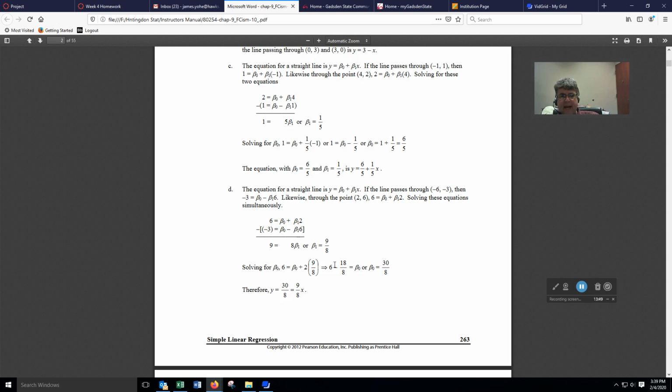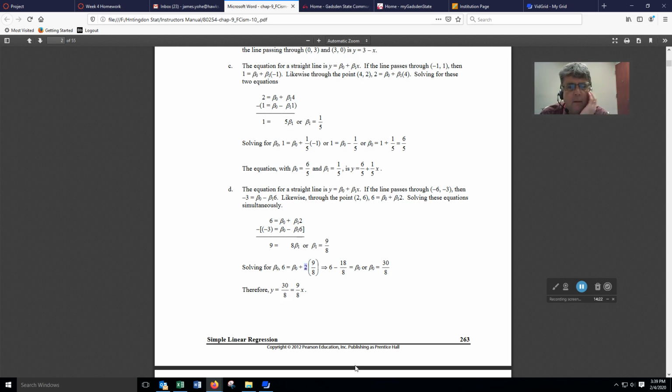So once we've got that, we can stick this beta 1 into the equation for either point. And here we chose to stick that in for the point where x equals 2, y equals 6. And I've got 6 is equal to beta naught plus 2, that's the x value, times the beta 1 coefficient. These should really be flipped around again, right? The beta 1 should be the first number you see, but we flipped them.